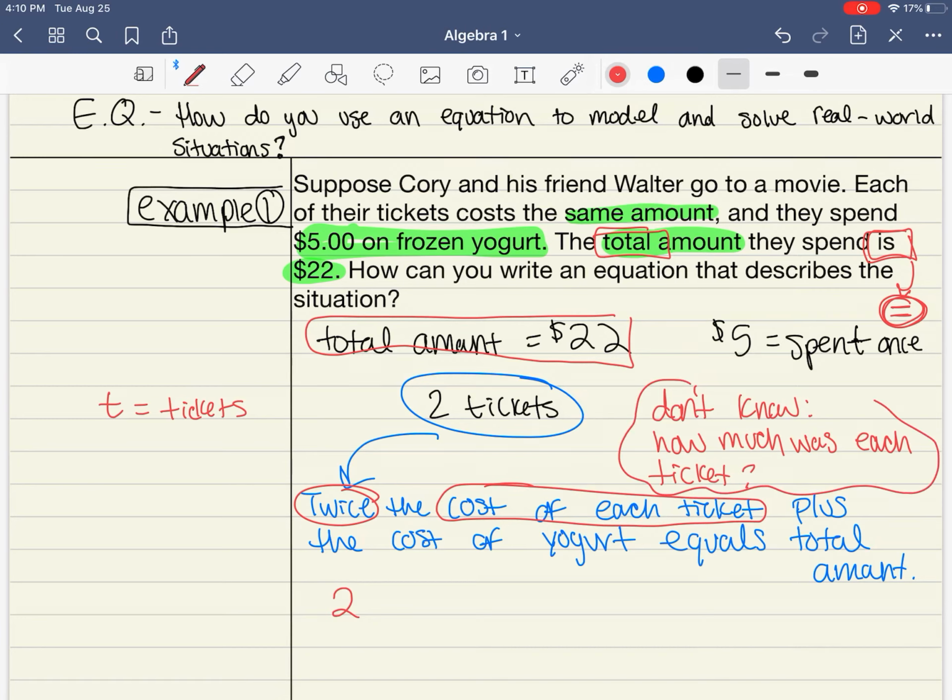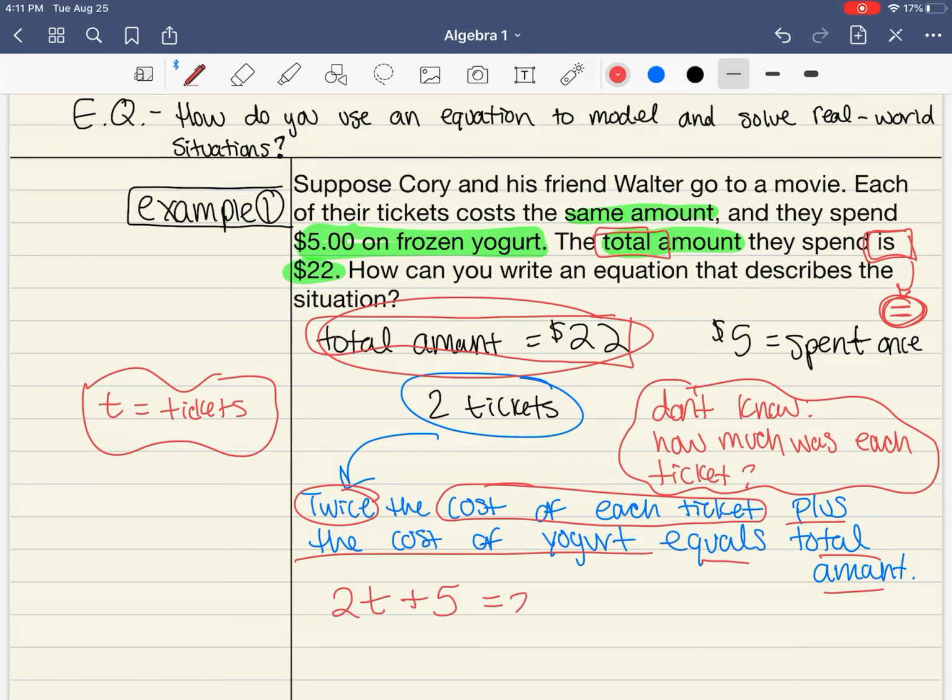So that's going to be our variable, T, plus the cost of frozen yogurt, so plus 5, equals the total amount. And the total amount was 22. So right now we're really focused on writing equations from problems and accurately representing these words in an algebraic equation. So that's our focus.